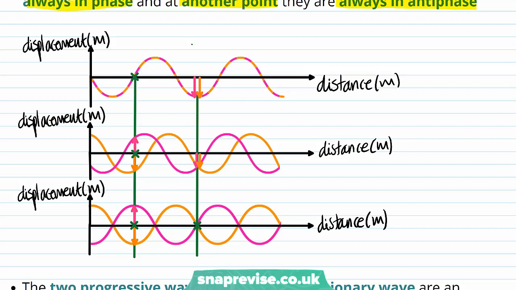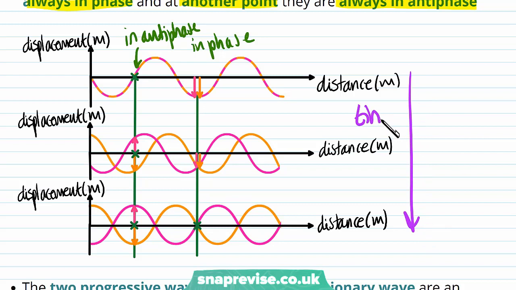This first green arrow shows that the waves are always in antiphase, and this second green arrow shows that the waves are always in phase. Even as time progresses, as we can see on this axis we're drawing, the phase relationship stays constant.